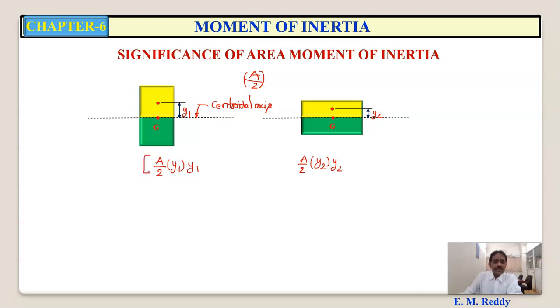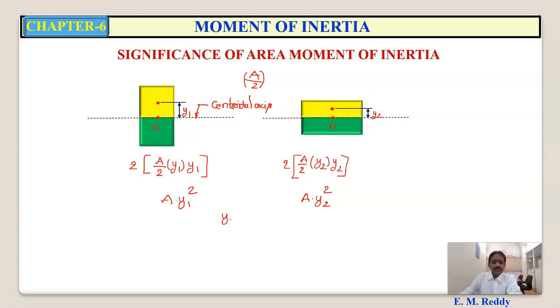So for the total section, it is multiplied by 2. So here you have a into y1 square, whereas here again it is a into y2 square. Am I right?